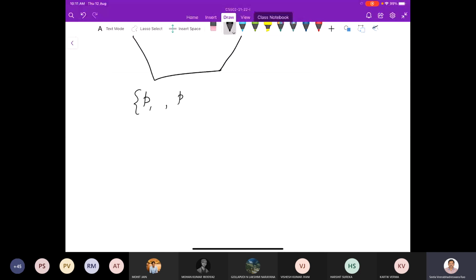Assume that this is the sorted sequence, and we are applying the same algorithm. Sorting takes n log n time. Now, if you apply this incremental algorithm, then what happens?